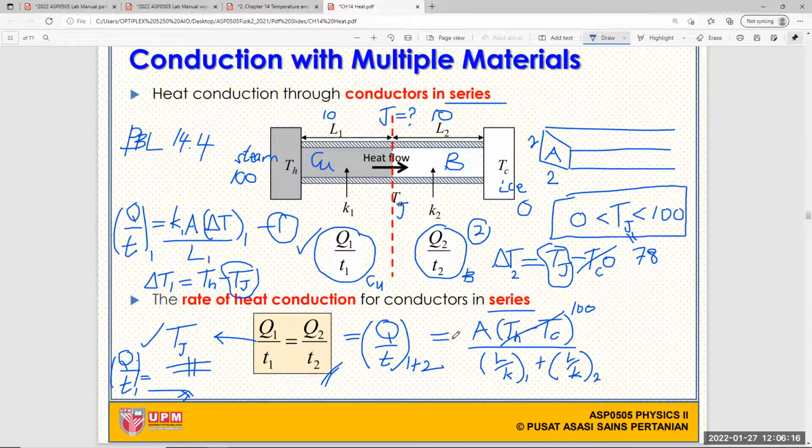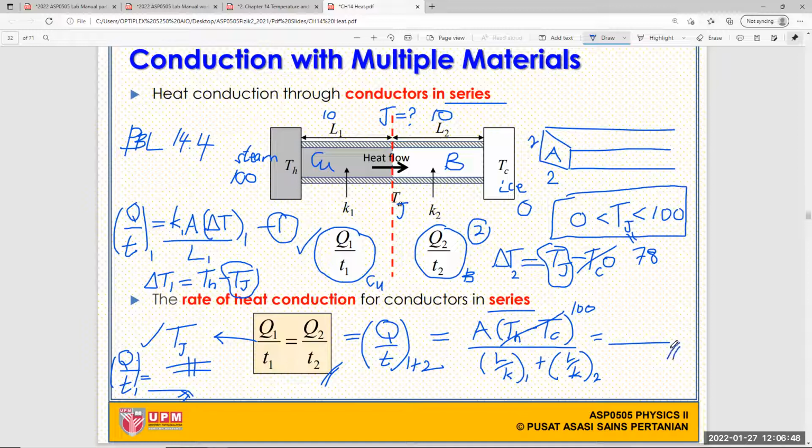And you apply the same thing, but now for overall, 1 plus 2. You can use this formula because this is the note given to you. If you have 2 materials joined, you can use this method, where you ignore the junction. You can have your value as Q over T for number 1 and Q over T for number 2, which should have the same answers. This should be consistent, so please find this value.